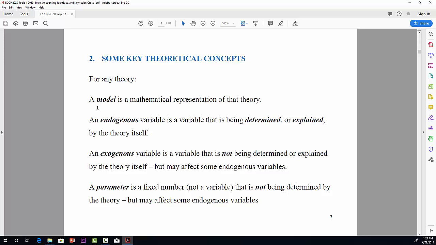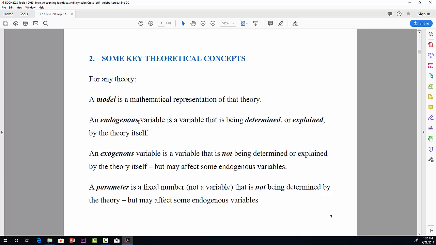First of all, and when I say any theory, I mean in any field of inquiry, economics or physics or sociology or any science that has any theories in it, in principle, has these basic ingredients. First of all, a model, as I mentioned before, is a mathematical representation of a theory. It's a very explicit formulation of the theory.